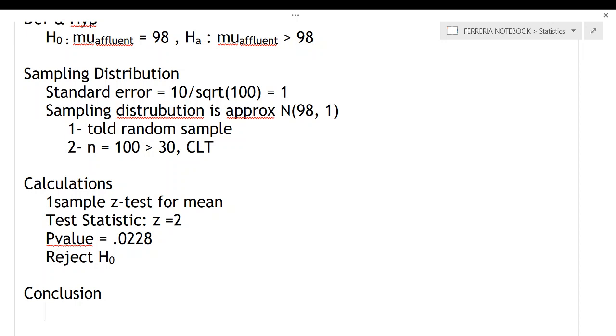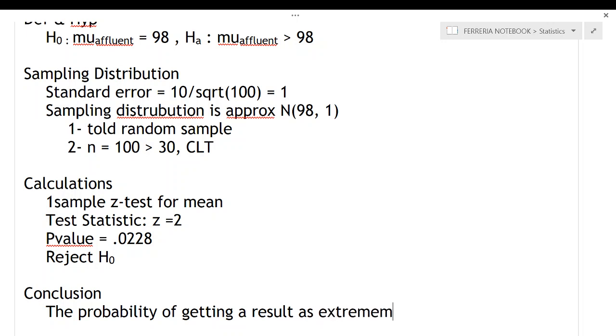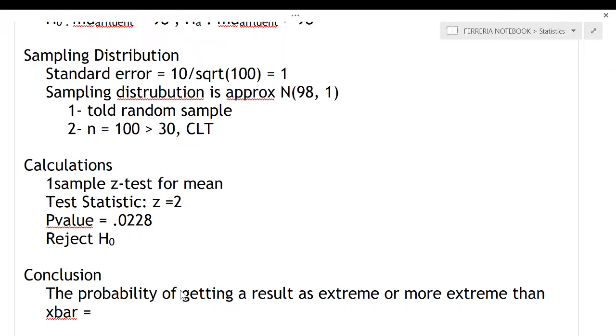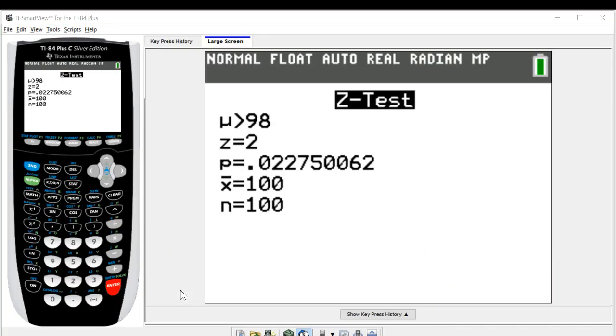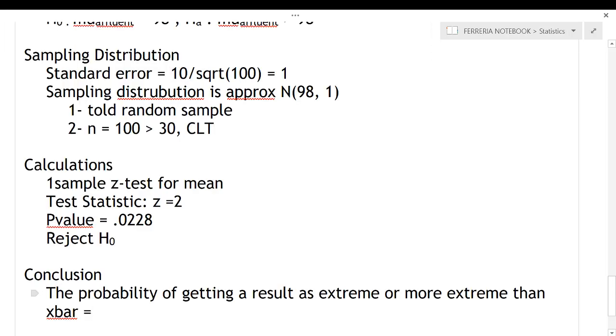P-value, the probability of getting a result as extreme or more extreme than x bar equals 100, if mu equals 98, is about 0.0228.